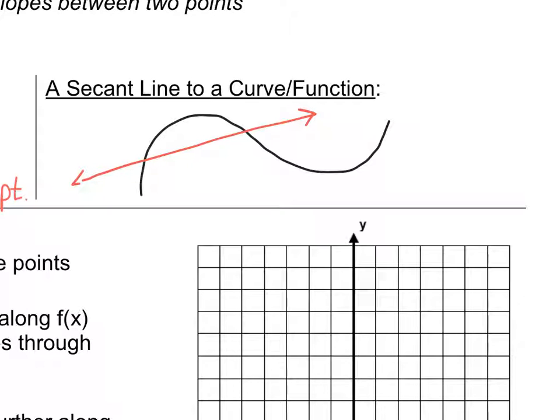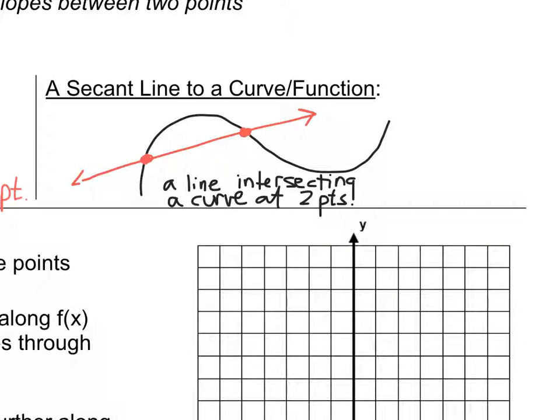So for a function, it's the same general idea. But obviously for a curve, any curve, not just a circle. All right, so a line intersecting a curve at 2 points.